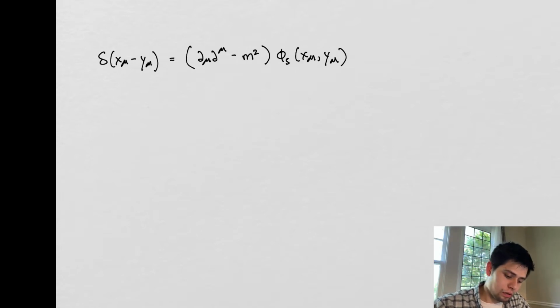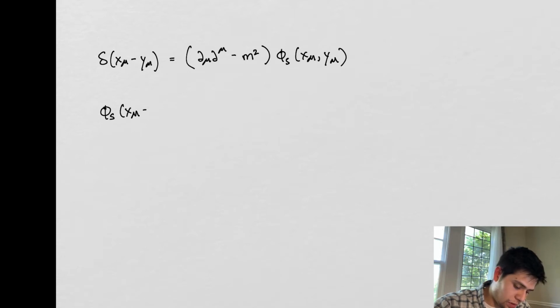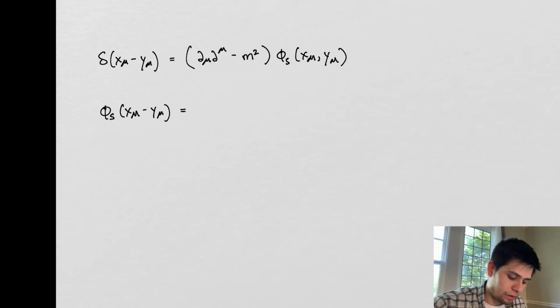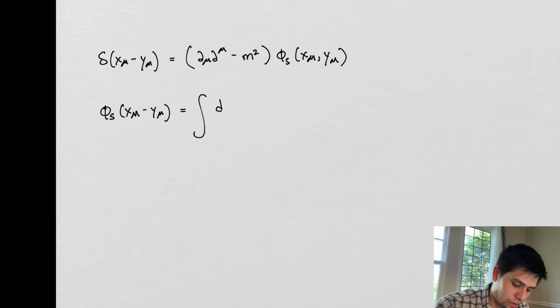Now, what can we do with this? Well, we've proposed that this x mu minus y mu equals this right here. So this is what I've said earlier in our other discussion.